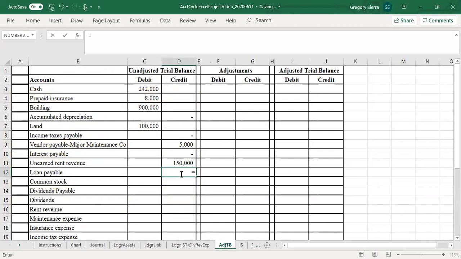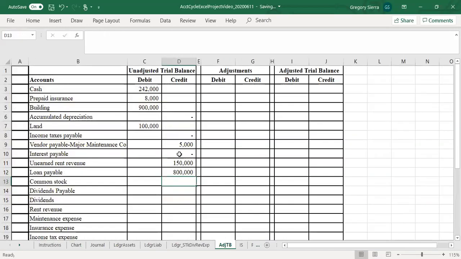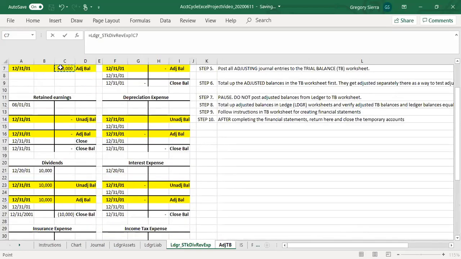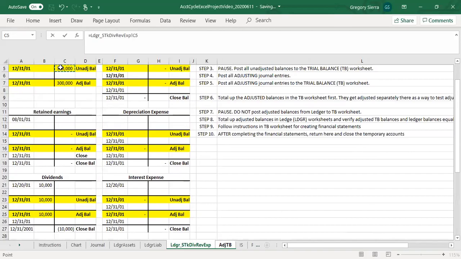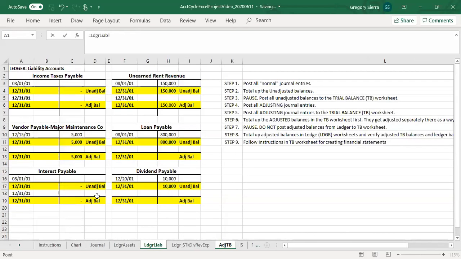The loan payable is 800,000. Common stock, which is a normal credit balance, 300,000. And that account doesn't get adjusted, but dividends payable is a liability.